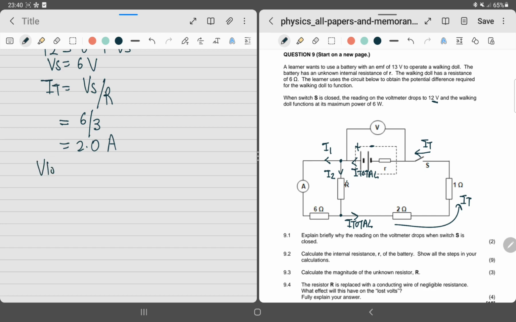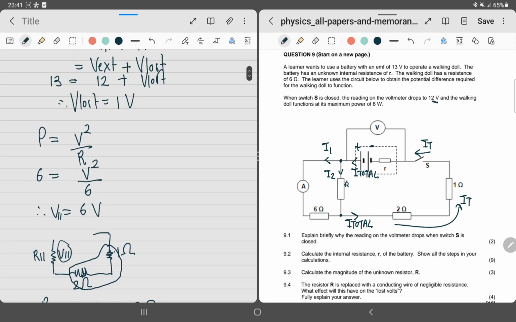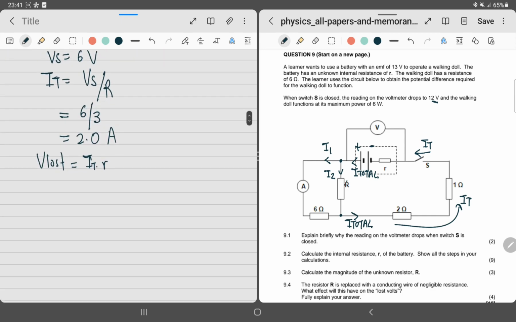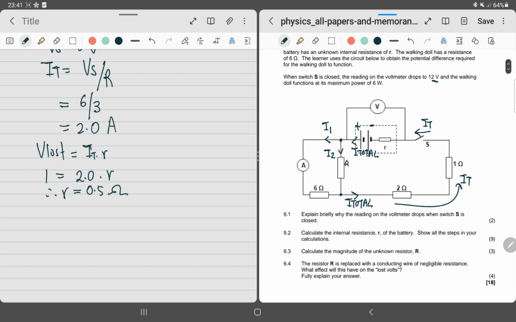So V lost should be equals to I total multiplied by the internal resistance. So the V lost is 1 volt. Total current is 2, and then the internal resistance. So this is equals to 1 over 2, which is 0.5 ohms.